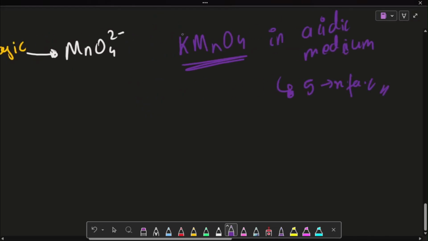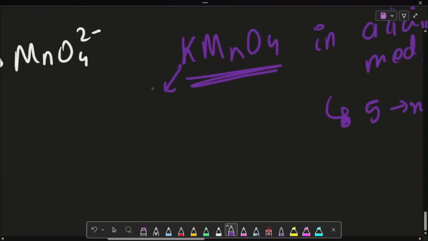In KMnO4, K is always plus 1, it belongs to the first group, and these metals never change their oxidation state.